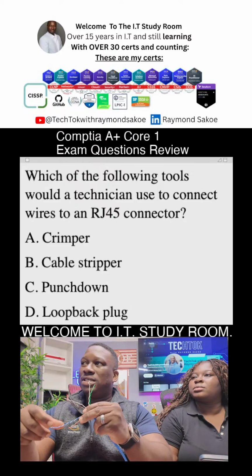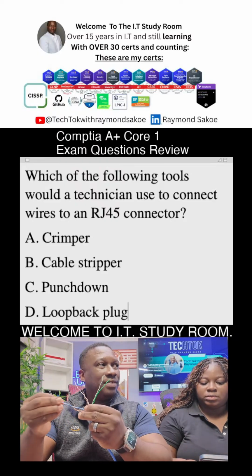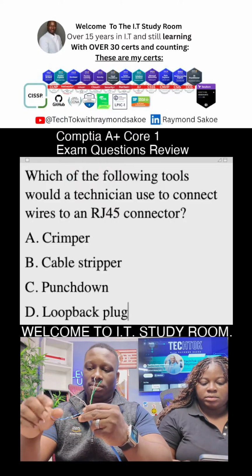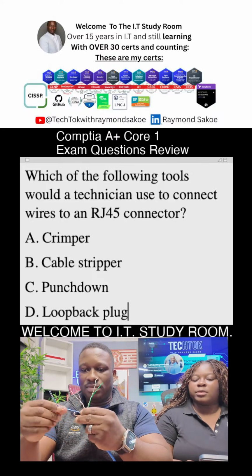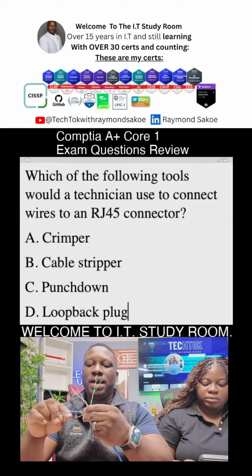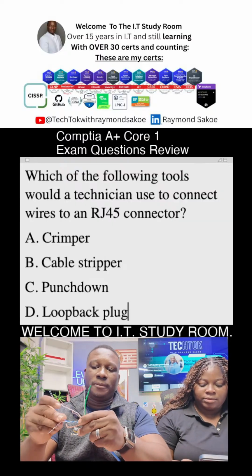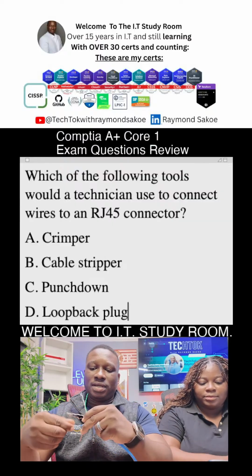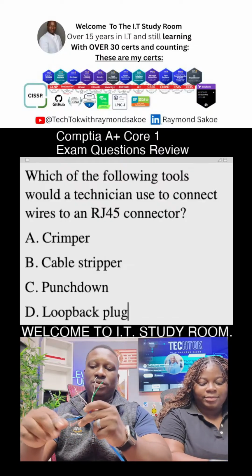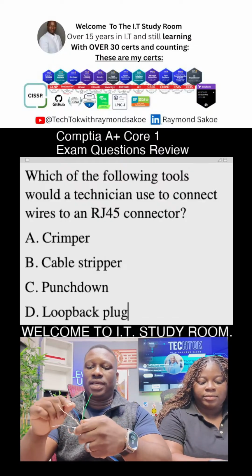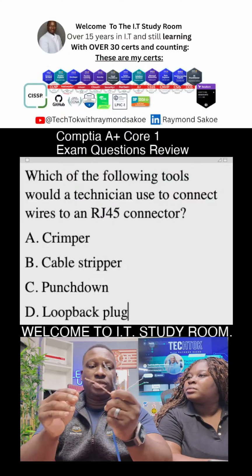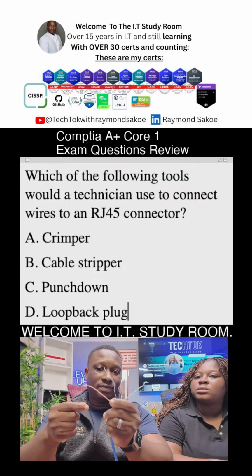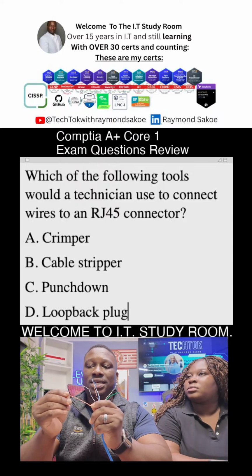So I believe someone said the TIA 568B. It's a standard for you to memorize or know when you are creating RJ45 cables. If you want to create an RJ45 cable, that is a standard that you have to know.